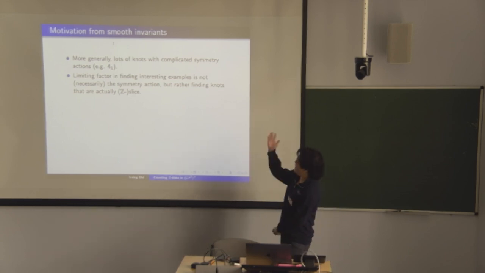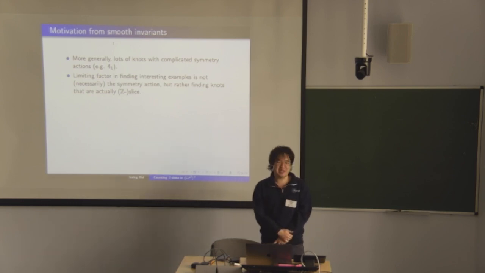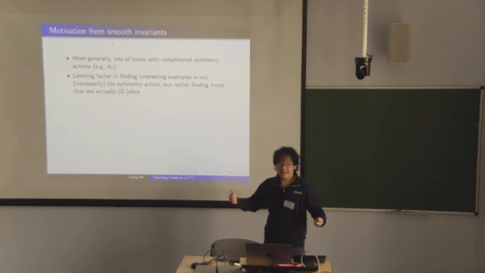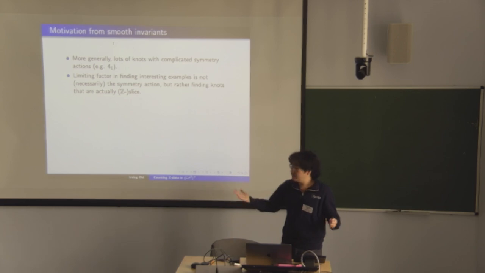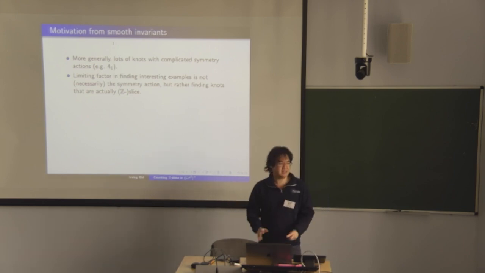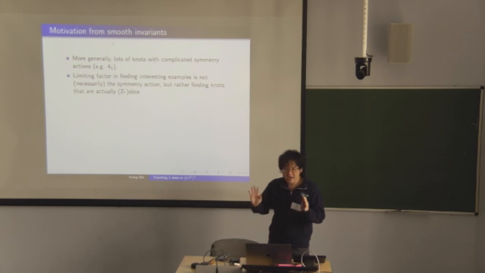The limiting factor is finding the interesting topological example, for example a knot like the one at the beginning, for which you know that your two disks are necessarily topologically isotopic rel boundary. So that's the first claim: the smooth obstruction is actually very common.